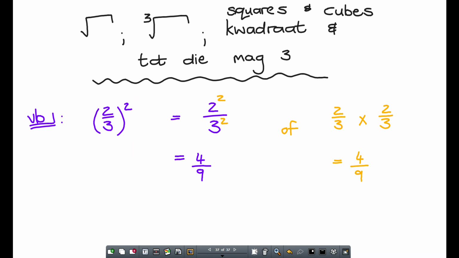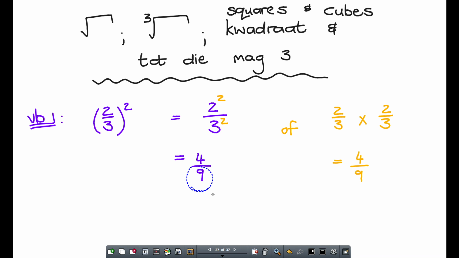So you'll see I said 2 to the power of 2, and at the bottom 3 to the power of 2. At the top, 2 to the power of 2 is going to be 4, and at the bottom, 3 to the power of 2 is going to be 9.